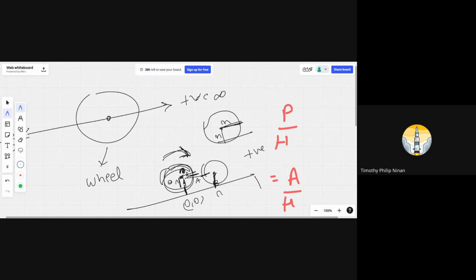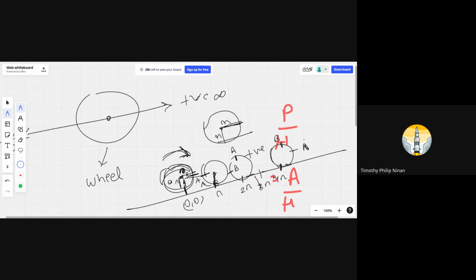The next time it'll be at 2n. Next will be 3n. Next will be 4n. If you notice, by 4n, A has gone from the bottom, where the first A was, to over here, and B is on the top.